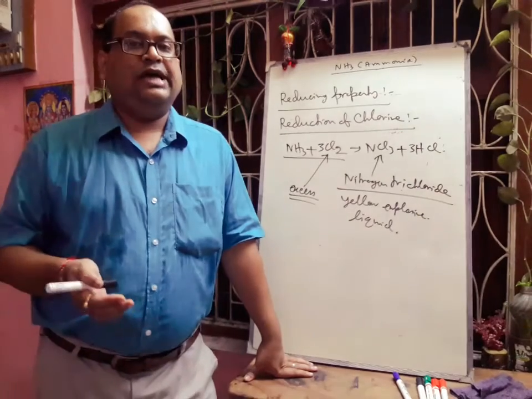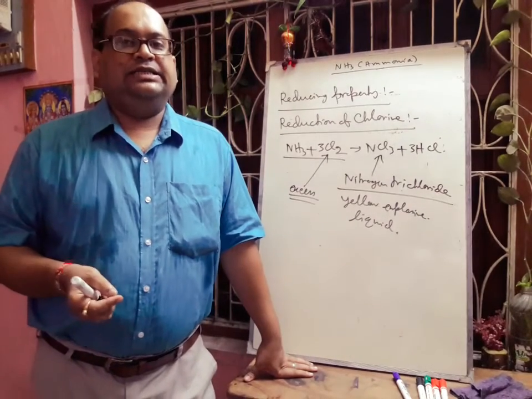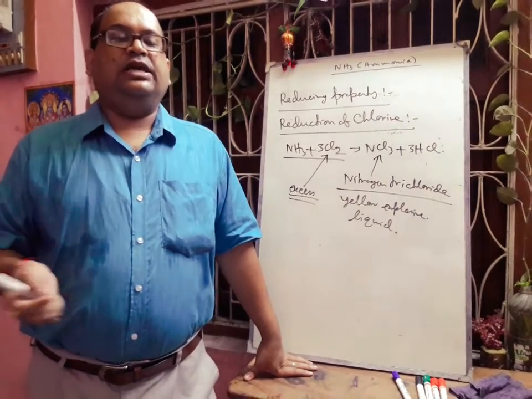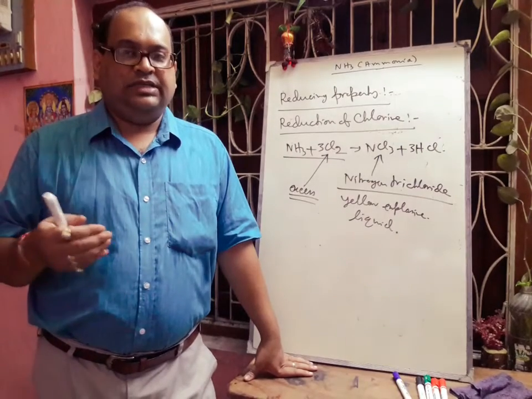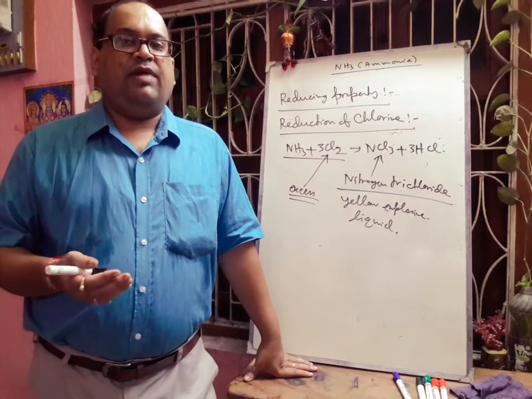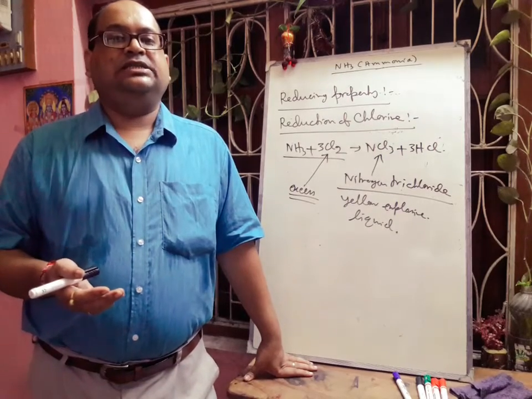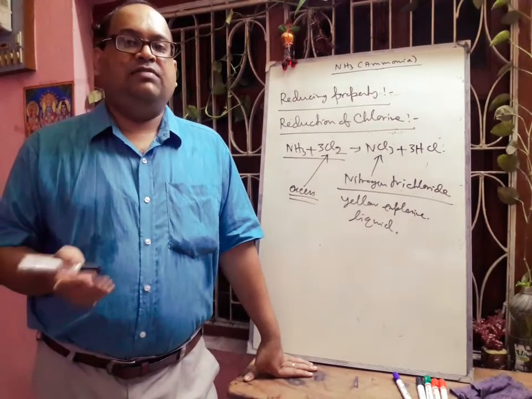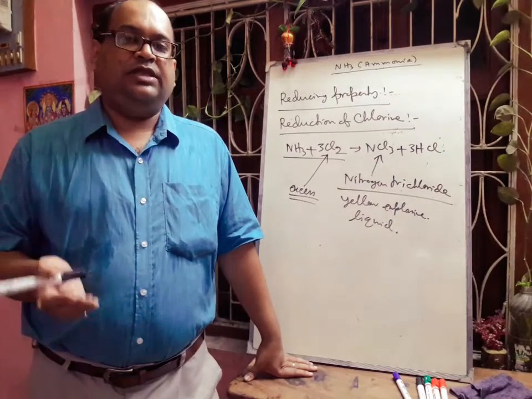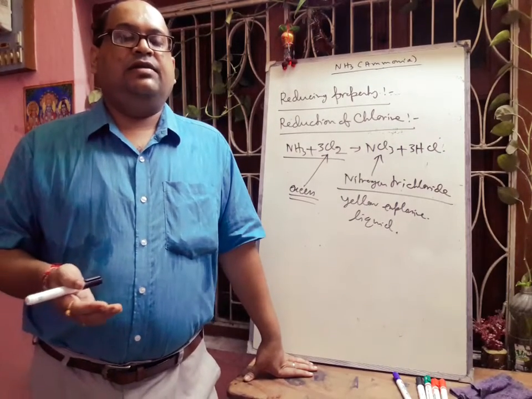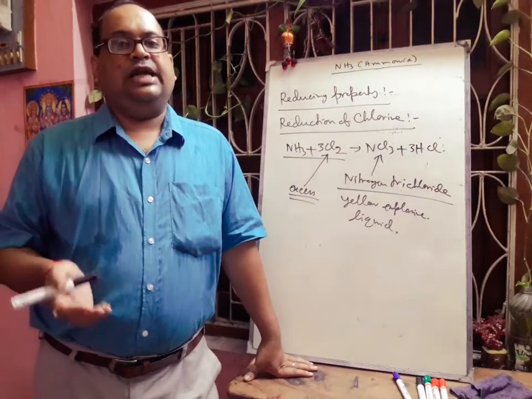So what to do here? We have to take a saturated solution containing an equimolecular mixture of ammonium chloride and NaNO2. If we apply heat to that mixture, then first there will be formation of NH4NO2 in the solution, and then by decomposing it we will get the nitrogen gas.